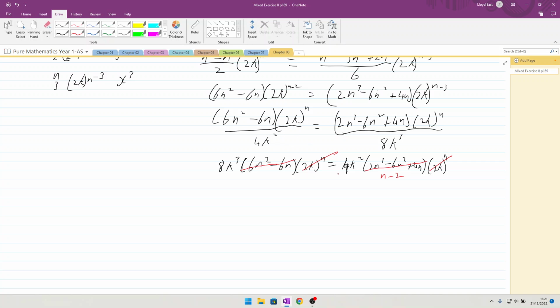Okay. And I'm going to get rid of the 4 and make that into a 2. So, what do we have now? We've got 2k cubed equals k squared times n minus 2.